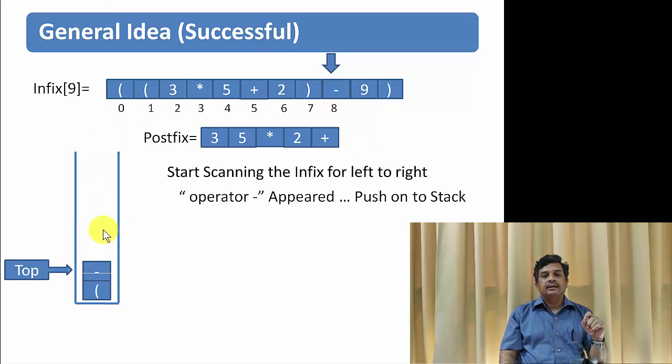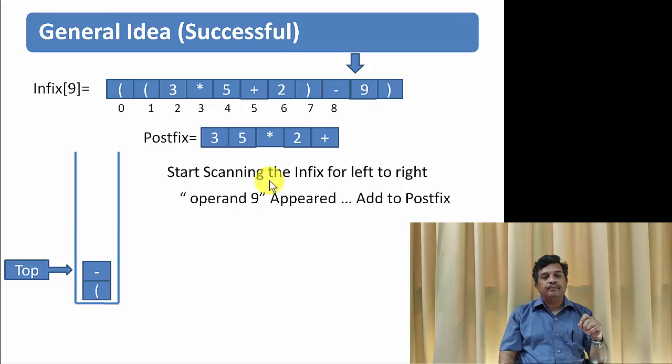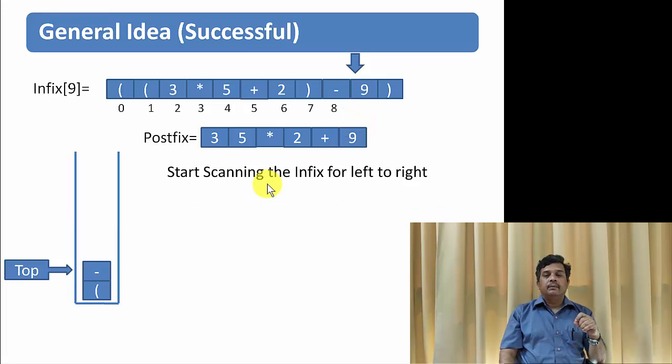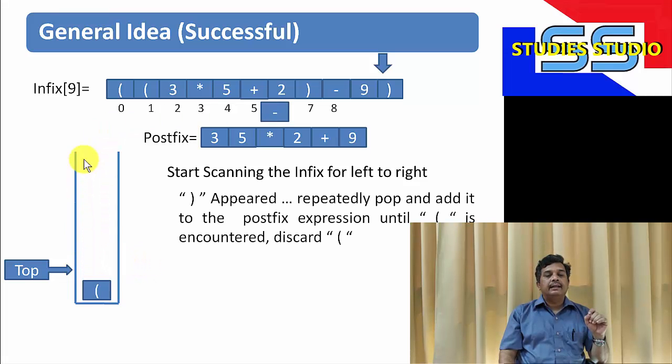The next character is a numeric value 9. I'll write it onto the postfix expression. And the next character scanned is a right parenthesis. So what do I have to do? I have to pop from the stack till the left parenthesis appears. So minus is taken out and written in the postfix expression, and the left parenthesis is now discarded.